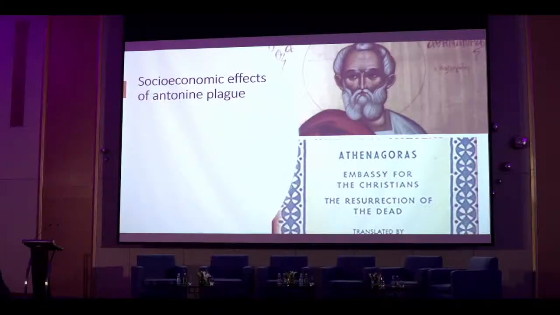One of the philosophers, Athenagoras, wrote a very nice book, like an apology to the Christians, called the Embassy for the Christians. And this was the start of the shift of the Roman Empire from paganism to Christianity, in the Byzantine time, at the time of Constantine.